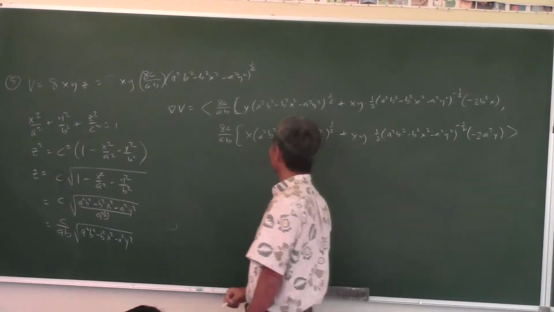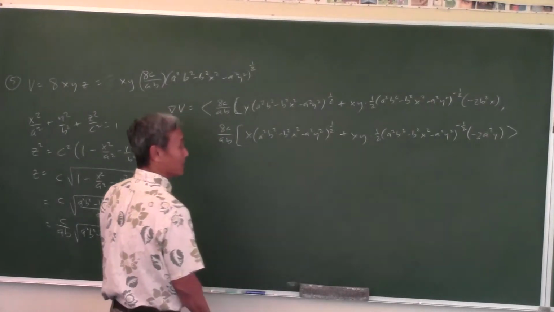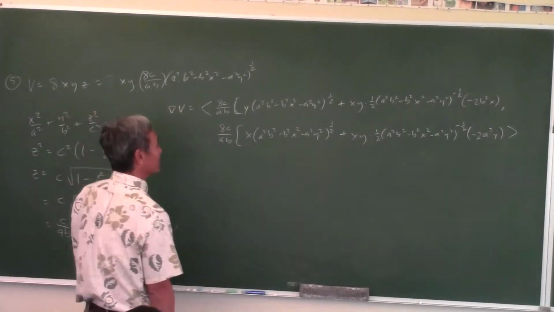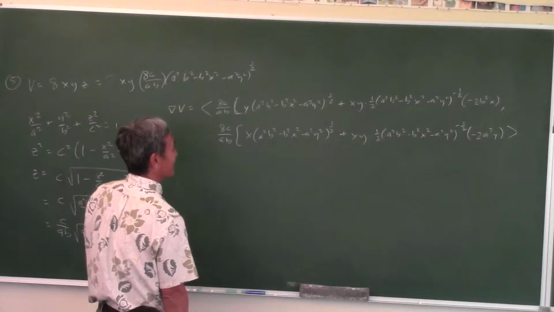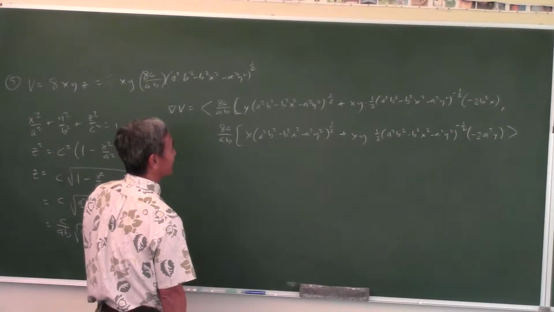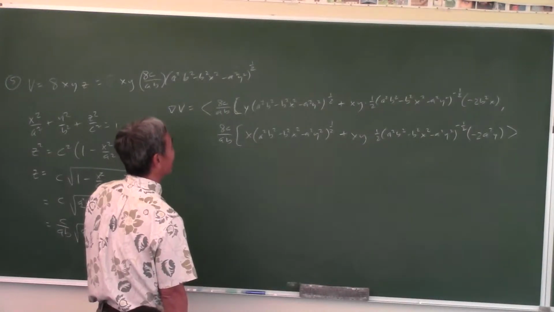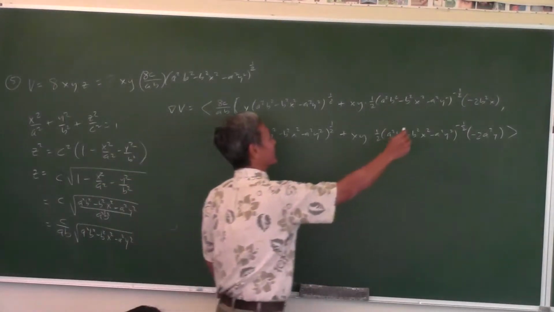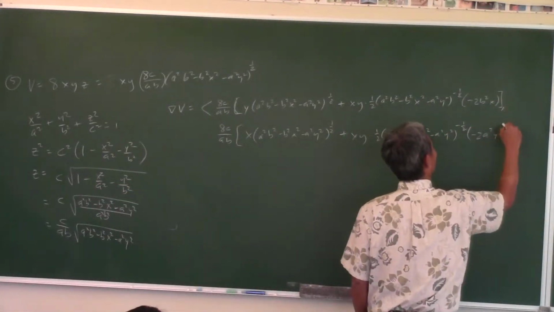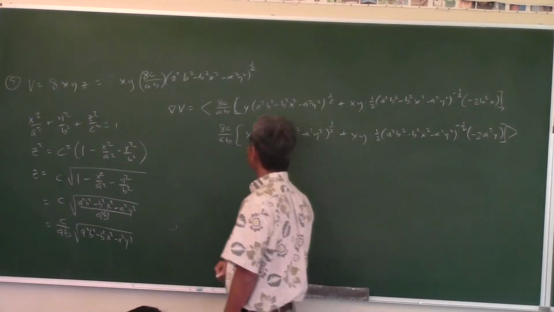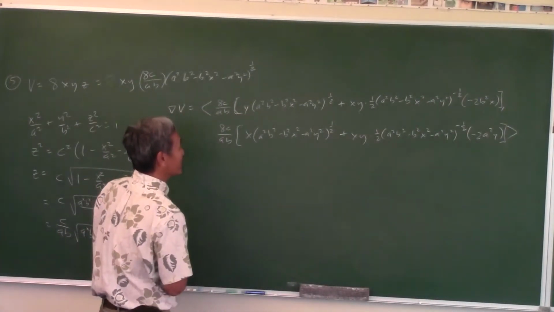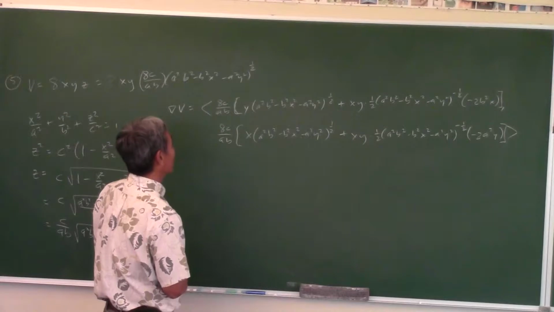Is that correct? Setting each of the components equal to 0. I didn't finish the bracket there. Okay, now it's correct.